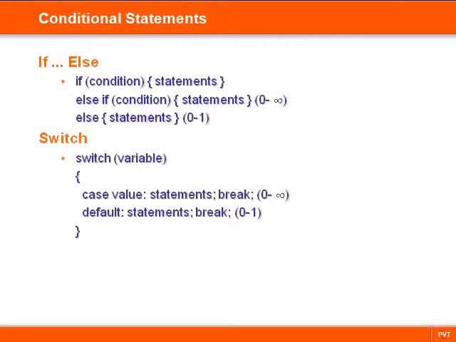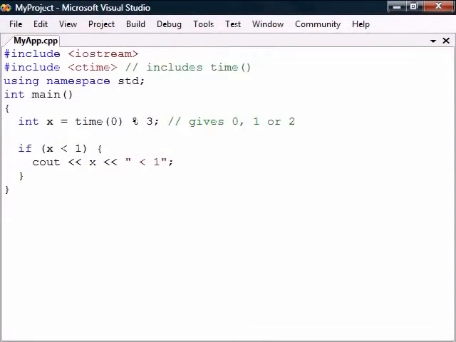The conditional statements in C++ allow us to execute different code blocks based on different conditions. The if statement will execute only if the expression inside the parenthesis is validated to true. In C++, this does not have to be a Boolean expression. It can be anything that evaluates to a number, in which case 0 is false and all other numbers are true.